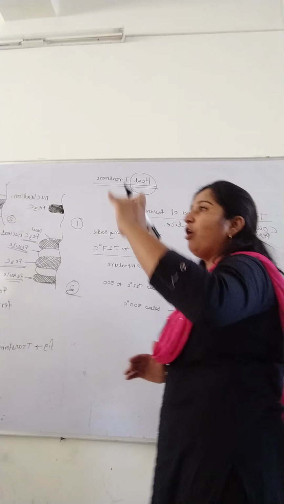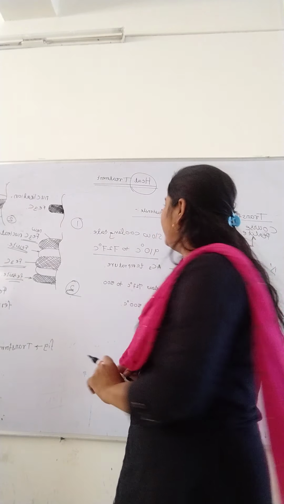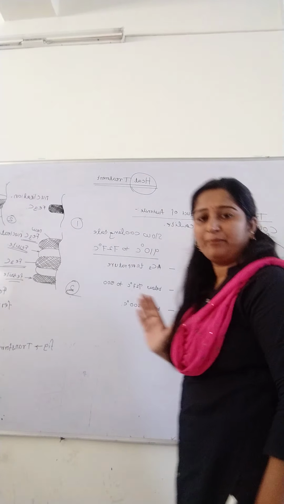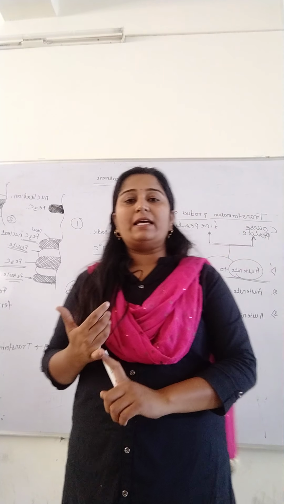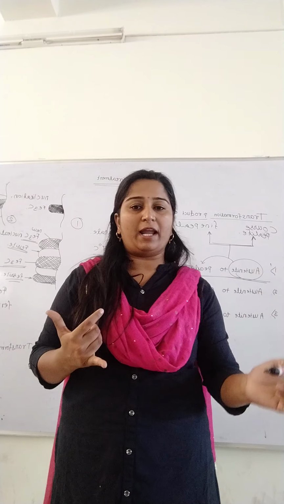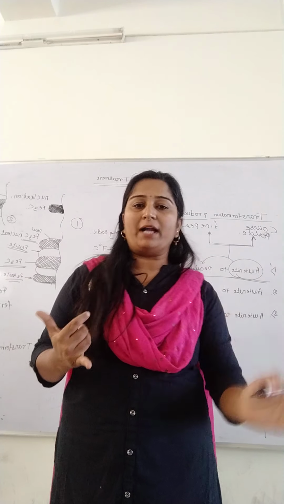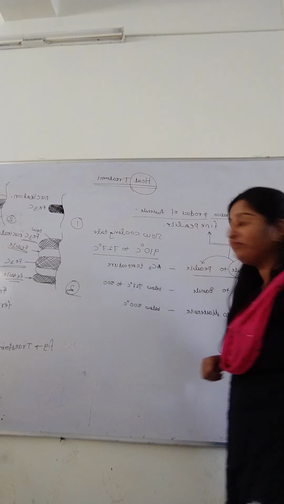On heating or cooling we get the austenite in the iron carbide diagram. There are three transformations of the austenite. First is austenite to pearlite, austenite to bainite, and austenite to martensite. These three transformations we are going to study today.